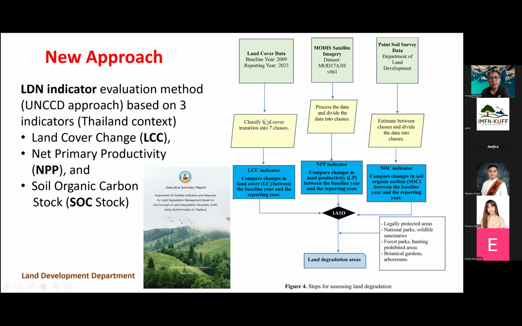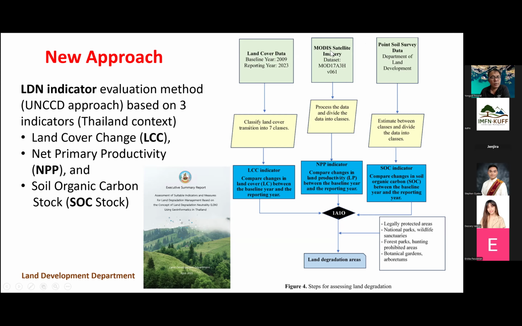In this classification, they have 7 major classes, and based on this they can calculate the percentage or proportion of land use land cover change, for example forest area to other area, or from intensive agriculture to extensive agriculture to intensive agriculture.